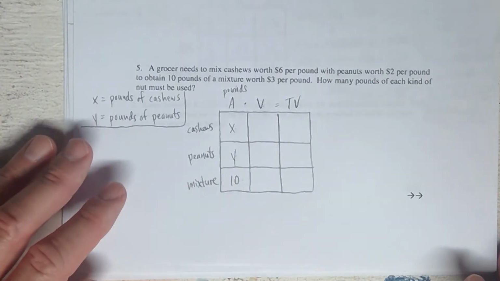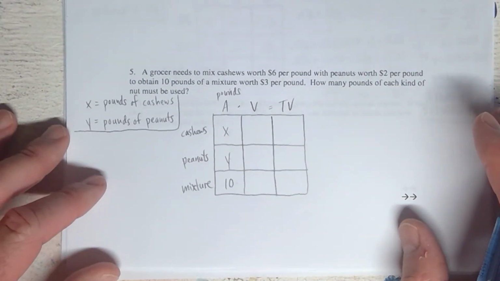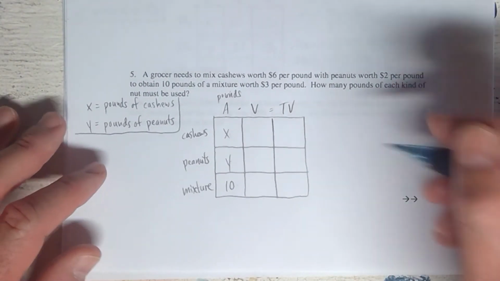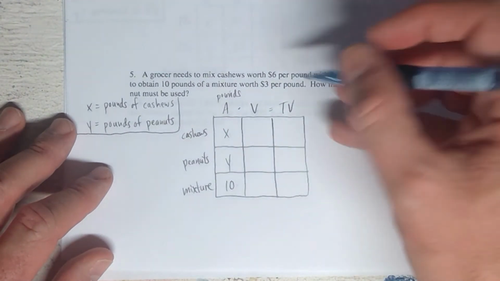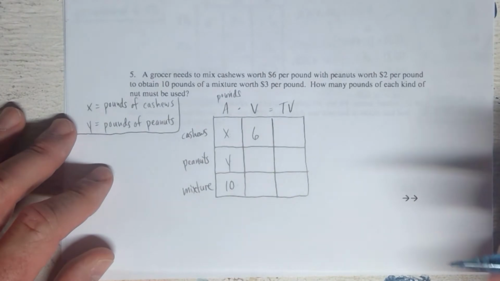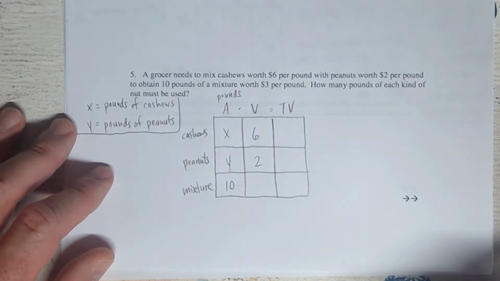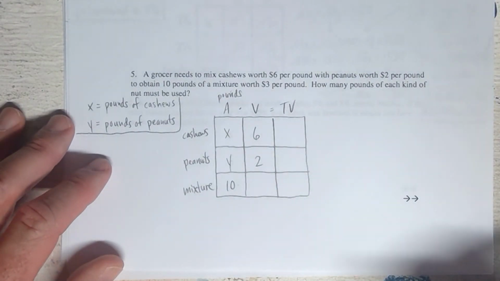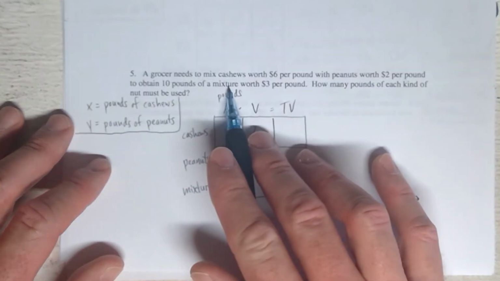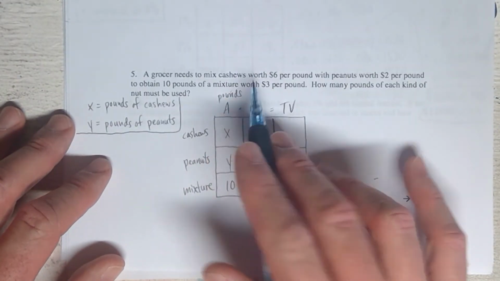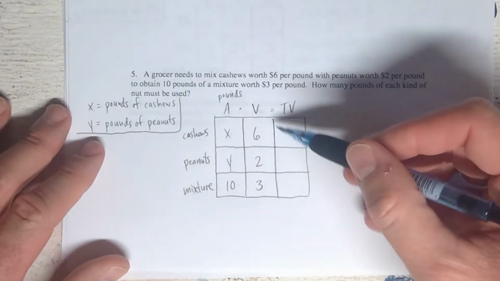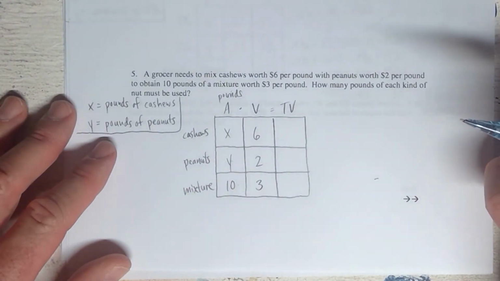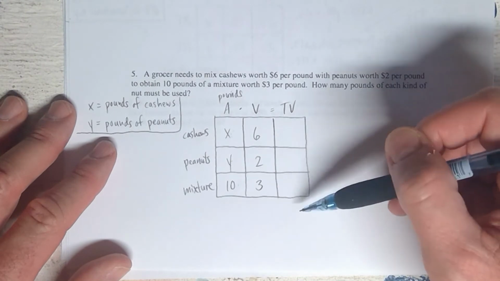Okay. Do we know the cost per pound of each of these 3 things? Yes, we do. $6 per pound, $2 per pound for the peanuts. It says it right there in the problem. And then it says that when you do the mixture is going to be worth what? $3 a pound. So the cost per pound, or the value per pound, goes in the middle. We do not know the total value of any of these 3 things.